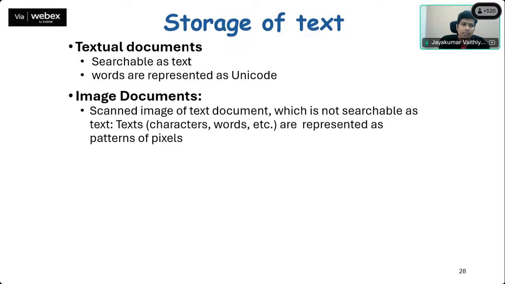Take the example of image documents. Whatever images are shown in the PPT are in the form of a matrix, so they are not searchable. Searching for information in text is ultimately easy, but searching for information in an image is not that easy, because it is represented in the form of pixels.